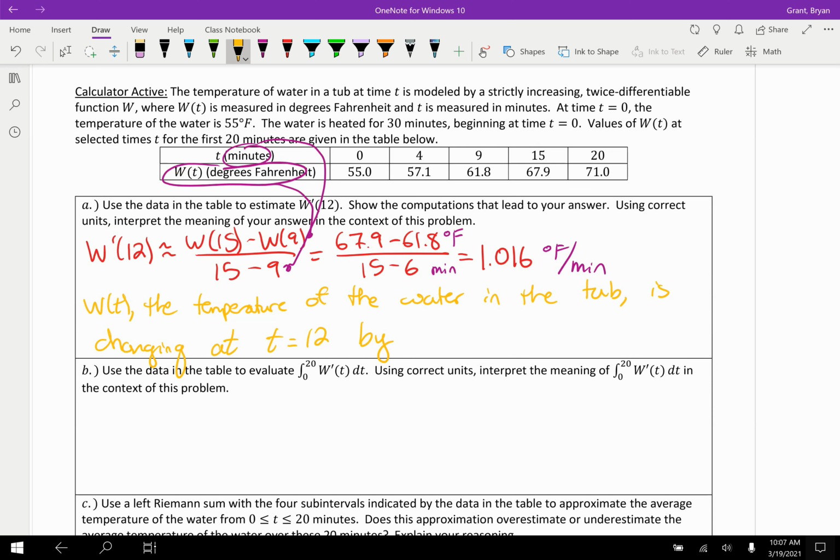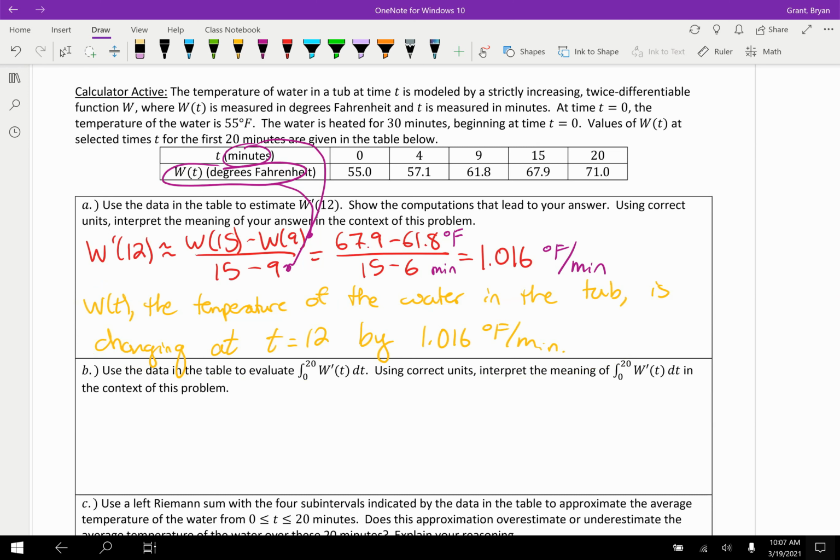A derivative talks about what happens at a point, at t equals 12 by 1.016 degrees Fahrenheit per minute. Pretty easy sentence right there. You explain what you're looking at the change of, and then you're explaining how that thing is changing.